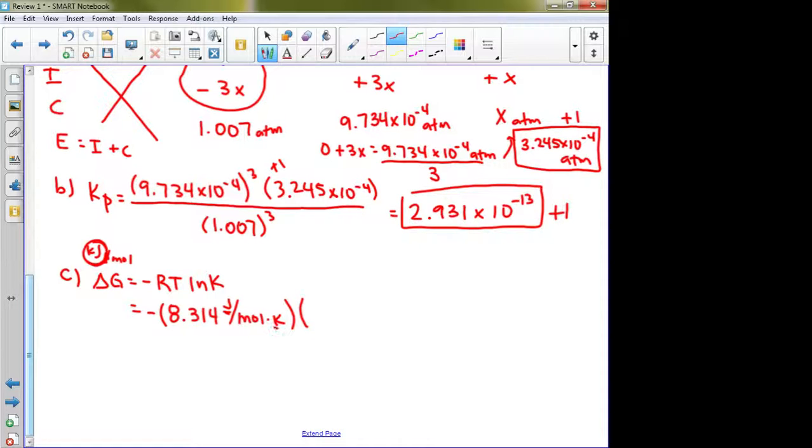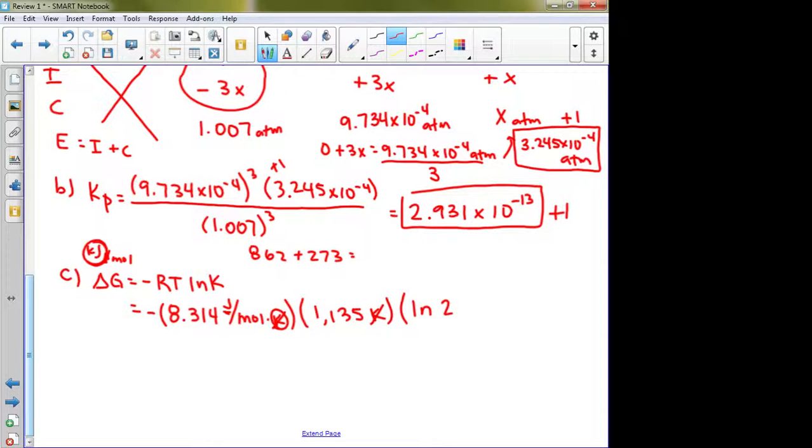Times, since this is in joules over moles times Kelvin, what does my temperature have to be in? Kelvin. So I've got to take that 862 and add 273. And that gives me 1,135 Kelvin. So notice my Kelvins are going to cancel. That's really, really hot.